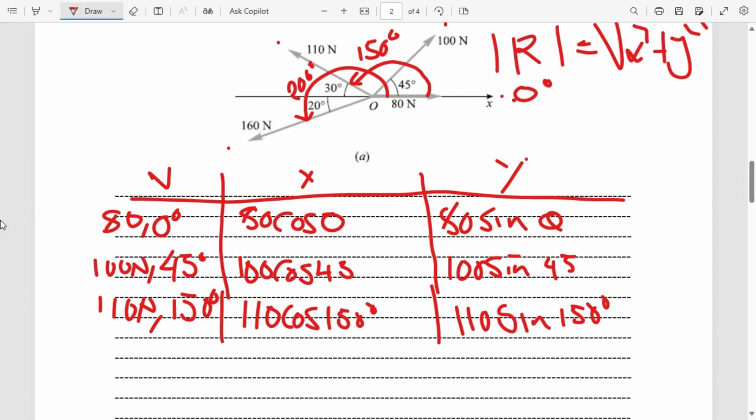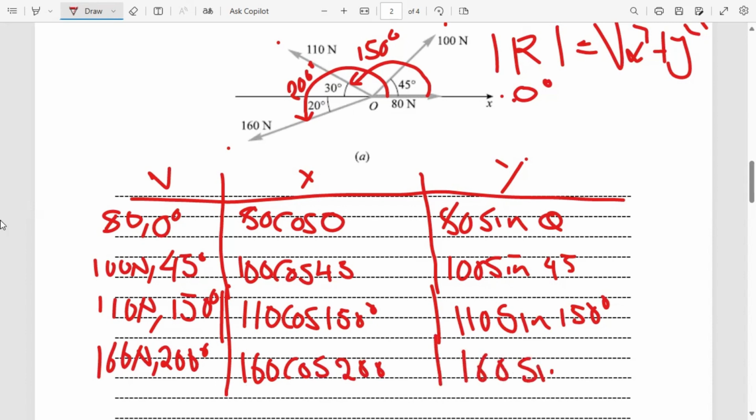The other one is the 160 Newton vector, which is directed at the calculated 200 degrees from the positive x-axis. We are going to say the x component will be 160 cos 200, whilst the y component will be 160 sine 200 degrees. That, ladies and gentlemen, is how we're going to handle this one.